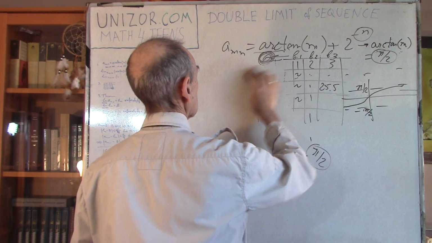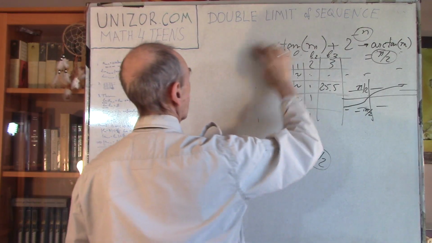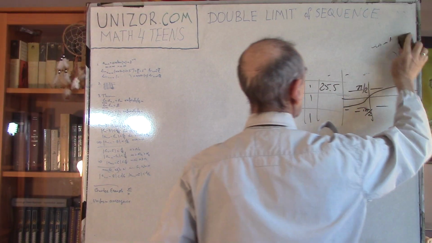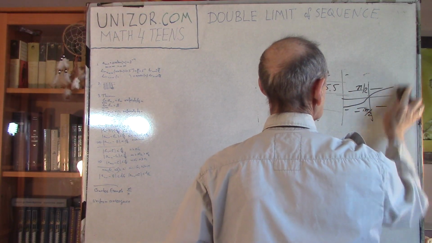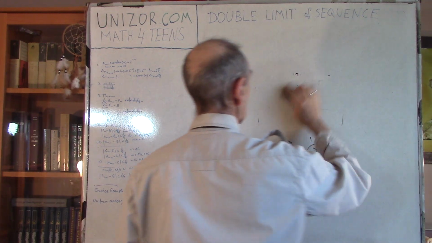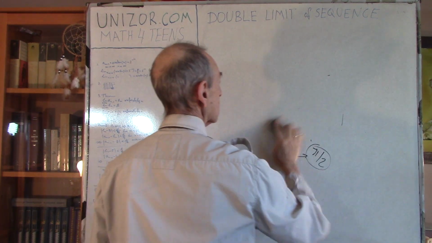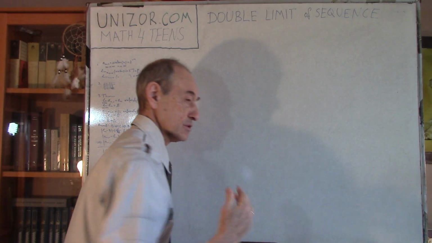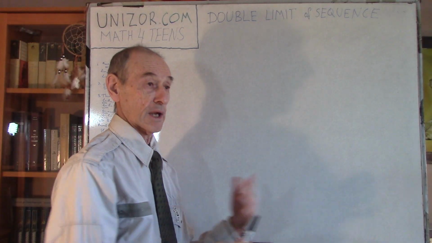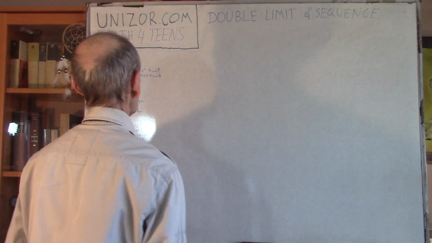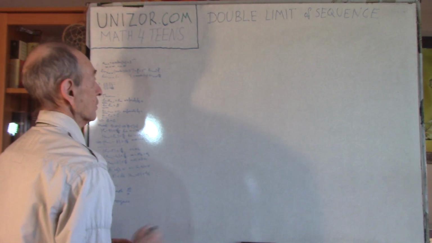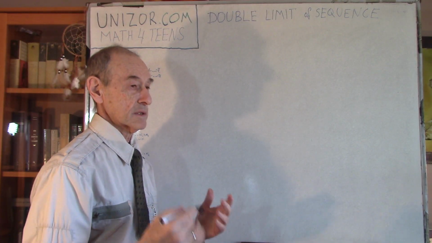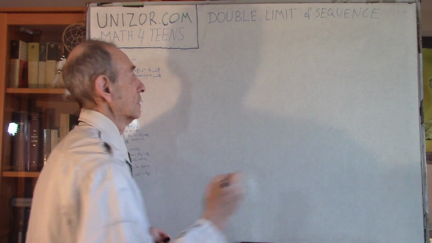So now let me go to a more mathematical presentation of this. We will prove a theorem which basically gives you sufficient conditions for a double sequence to have the real limit, no matter how you calculate it. Okay. So first, before doing this, I would like to present a new concept.